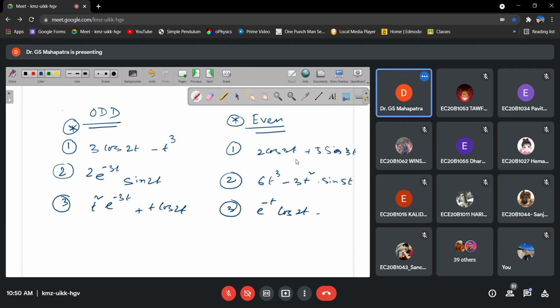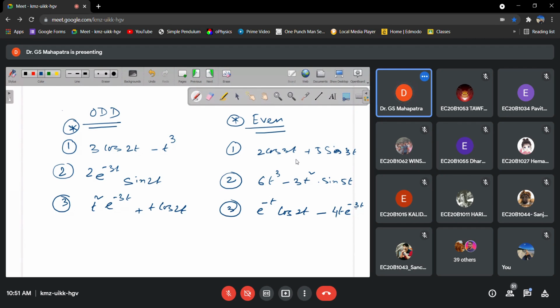Minus 4t e to the power minus 3t. Yeah, this one. Find the Laplace transform.